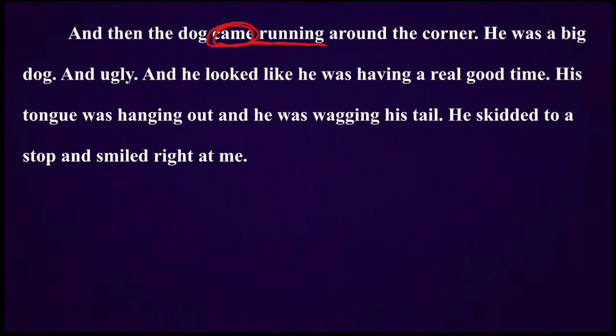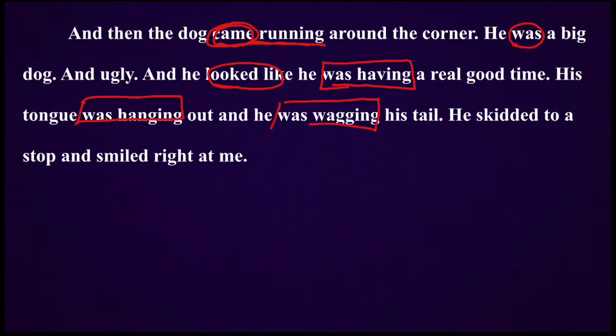Around the corner. He was, past simple, a big dog and ugly, and he looked like, so past simple, he was having, there's past progressive, a real good time because this was happening before she got there. So this is a long action in the past. His tongue was hanging, so again, past progressive, and he was wagging his tail, past progressive. He skidded to a stop and smiled right at me.